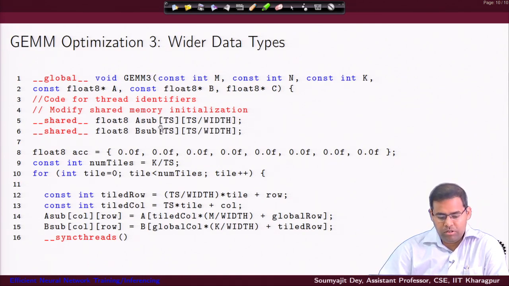So, I do not need that much width of A sub that was there earlier, right. I decrease the column dimension here for A sub by Ts divided by the width, where Ts is the tile size. So, my A sub and B sub get reduced with respect to columns, but on the contrary, each of the elements is getting wider by 8. Each entry in the matrices will now have 8 consecutive floating point data.